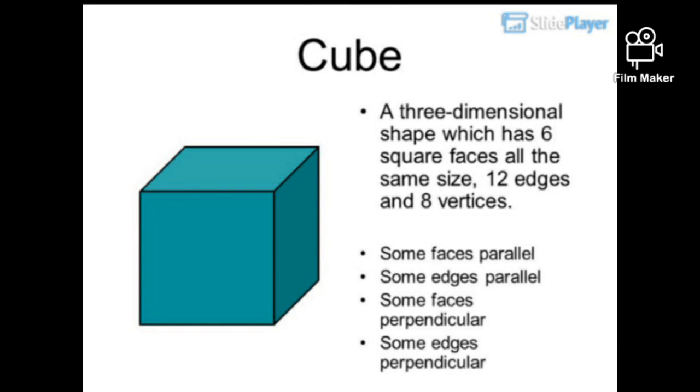Some of these faces are parallel, some of the edges are parallel, some of the faces are perpendicular to each other, some of the edges are perpendicular to each other.